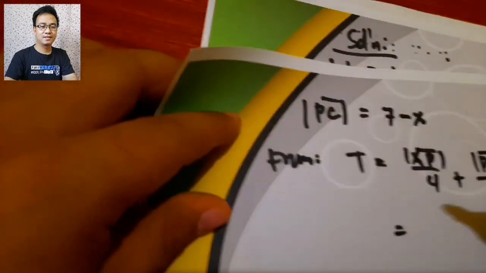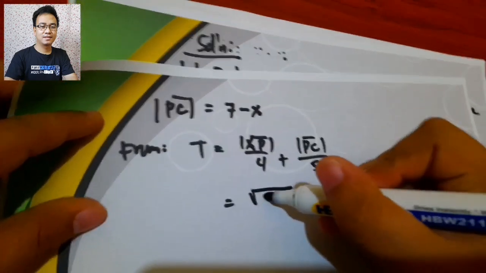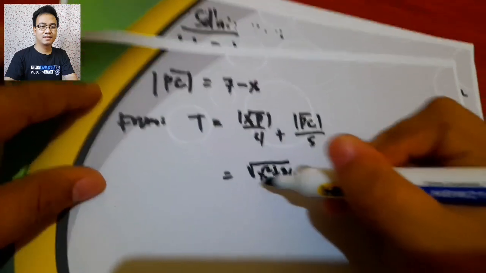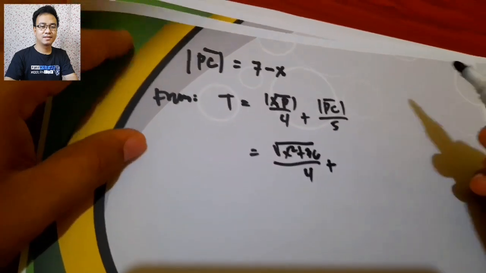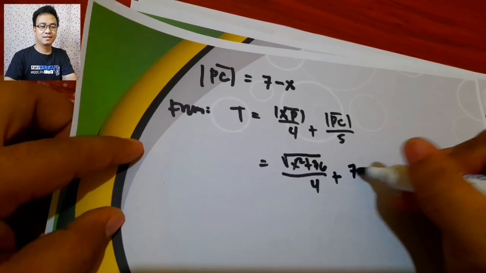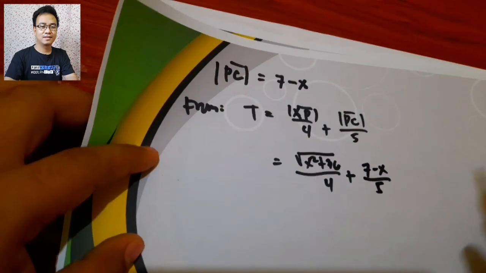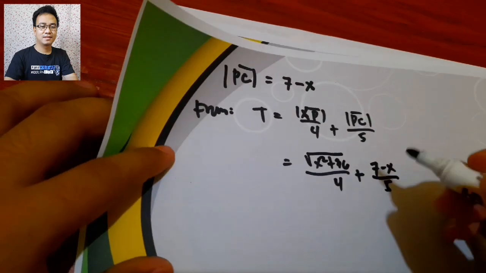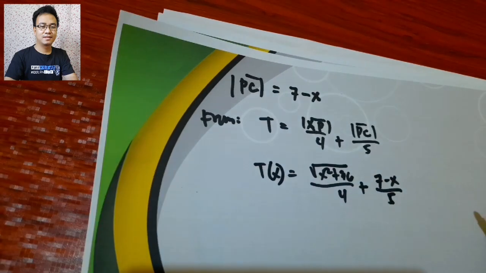So palitan lang natin yun dito. Square root of x squared plus 36 divided by 4 plus PC. The length of PC is 7 minus x. So 7 minus x divided by 5. And this now is our working equation in the function of x.